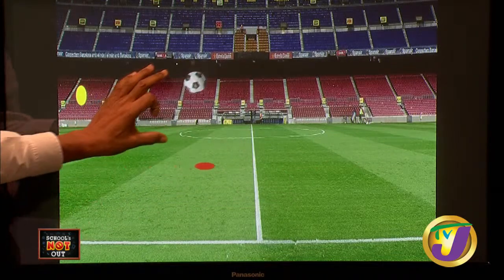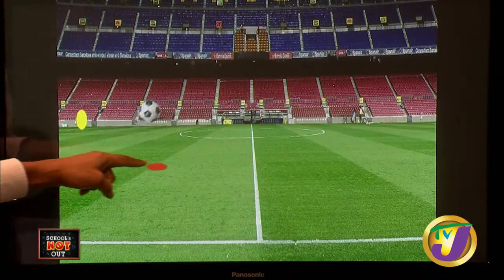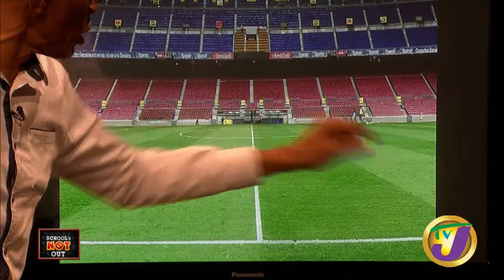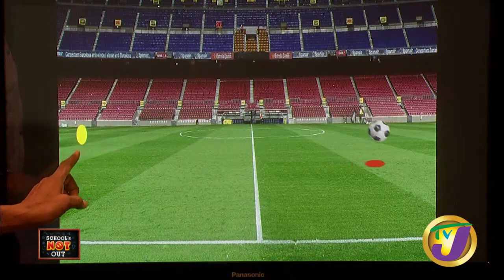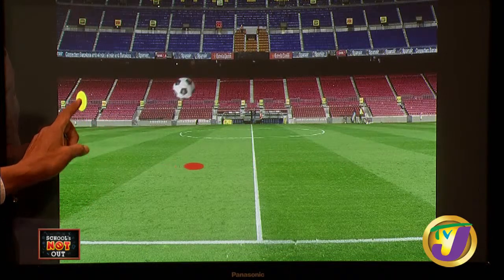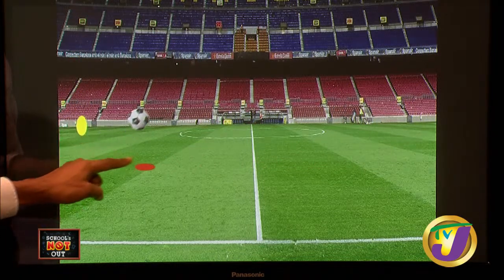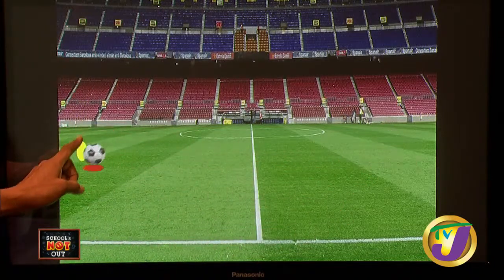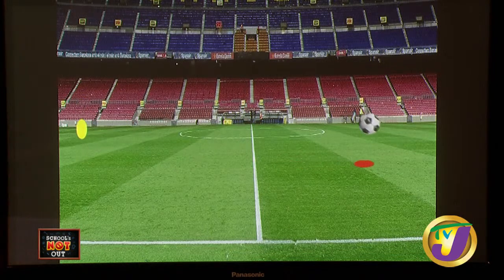The red dot would be like a shadow of the ball moving along on the ground. So the red dot is moving on the ground along as the ball moves. The yellow dot is like a projection of the ball, and so as the ball moves, the yellow dot goes up when the ball meets its height and it comes back down. So the red dot is moving along the ground, and the yellow dot is moving up and down as the ball goes up and down.